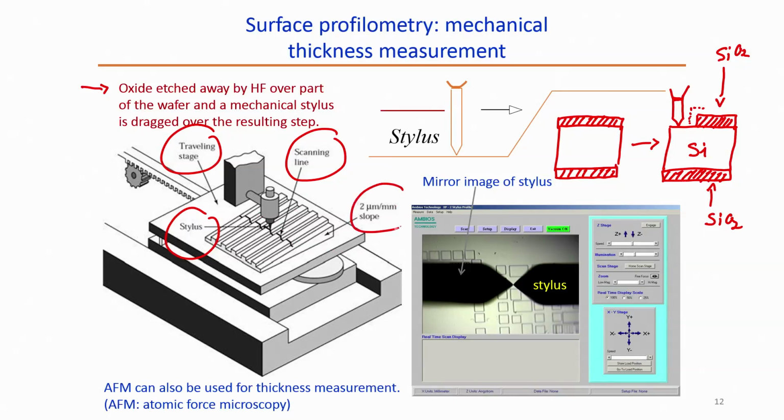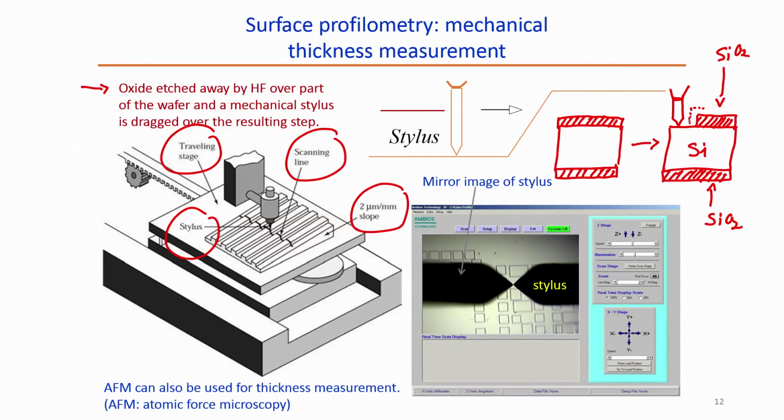There is a 2 micron per millimeter slope, and you can see a photograph of the stylus and its mirror image. We can change the speed of scanning, the z direction, illumination, scan stage, and zoom, whether you want the display at 100%, 50%, or 25%, and you can calculate the thickness of the oxide.